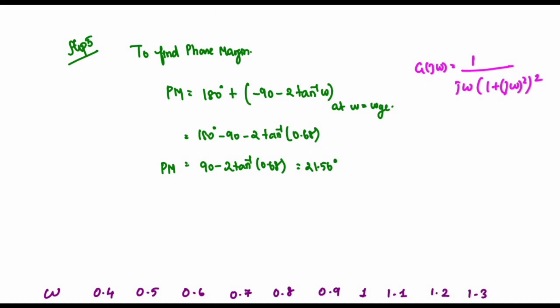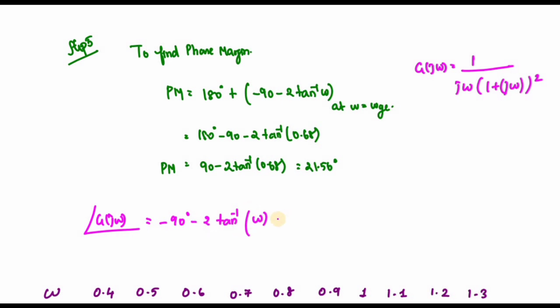So if I want to find the phase for G(j omega), it is minus 90 degrees, minus 2 times tan inverse of omega, since it is in the denominator.